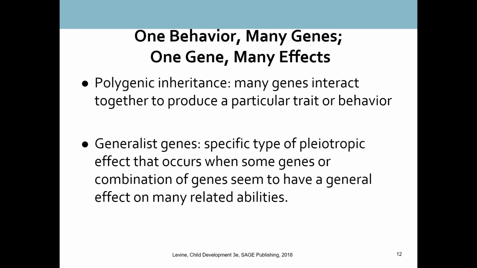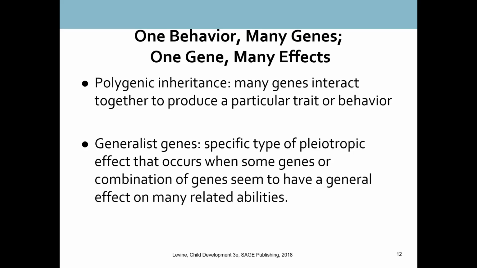We call this polygenic inheritance, many genes interacting together, not just a single pair. So anything that's complex about you, certainly things like intelligence and abilities and, I don't know, personality and temperament, these things could never be determined by just a single pair. They're too complex.